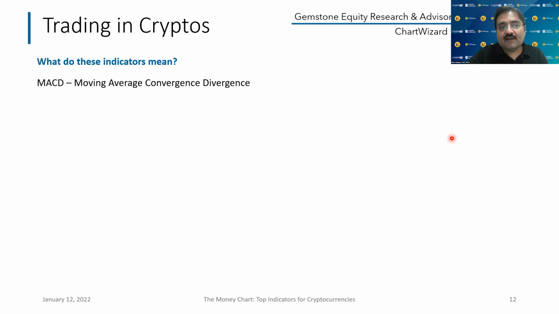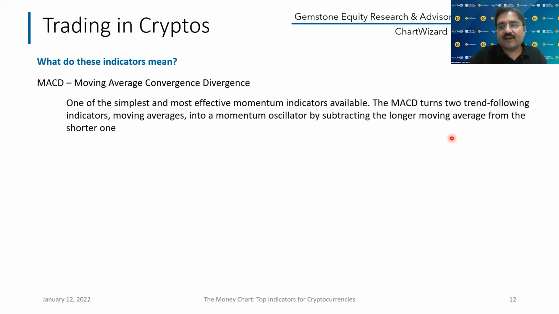Then we will use MACD, which is also very commonly known as MACD. It stands for moving average convergence divergence. It is both a trend following indicator and a momentum indicator as well.